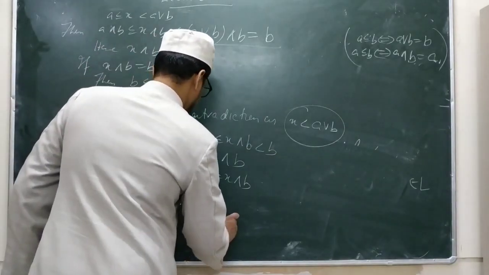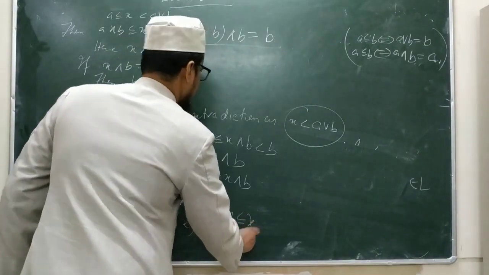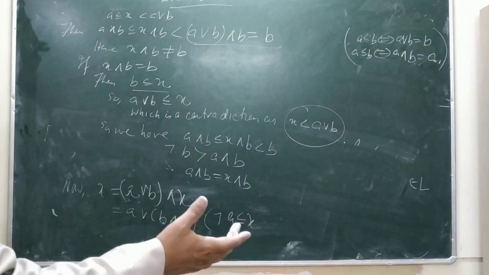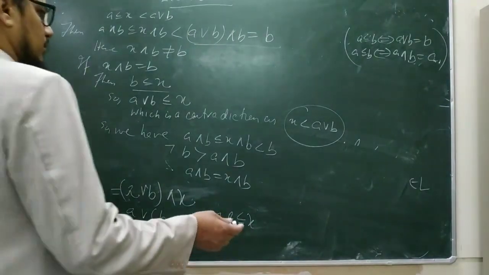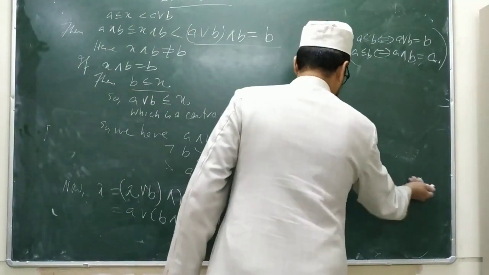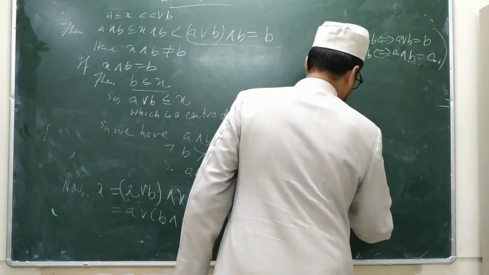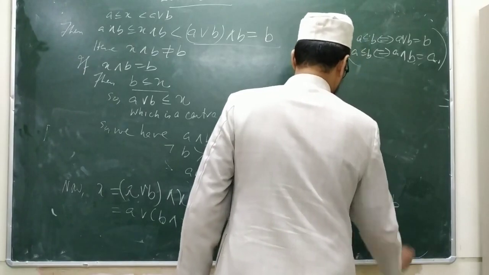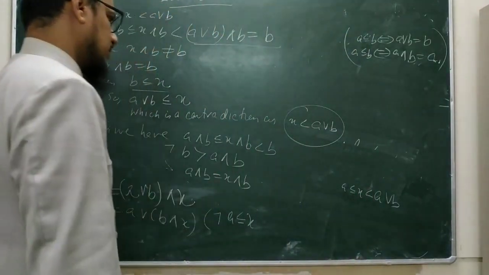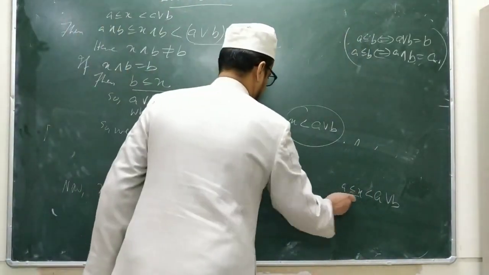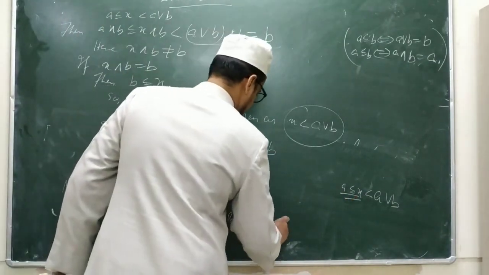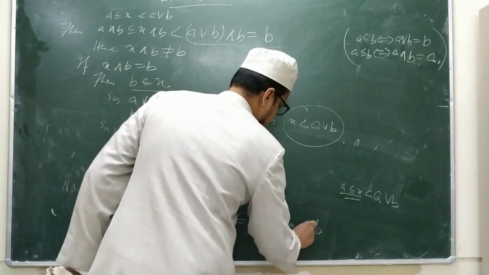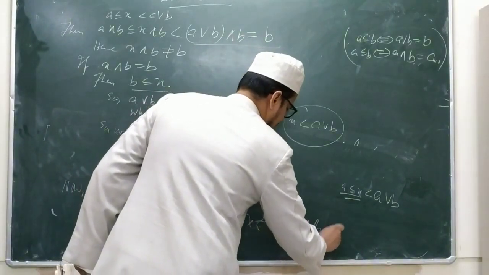Since A is less than or equal to X, as we have in the beginning, A less than or equal to X and strictly less than A join B, this we have. And L is a modular lattice, correct?